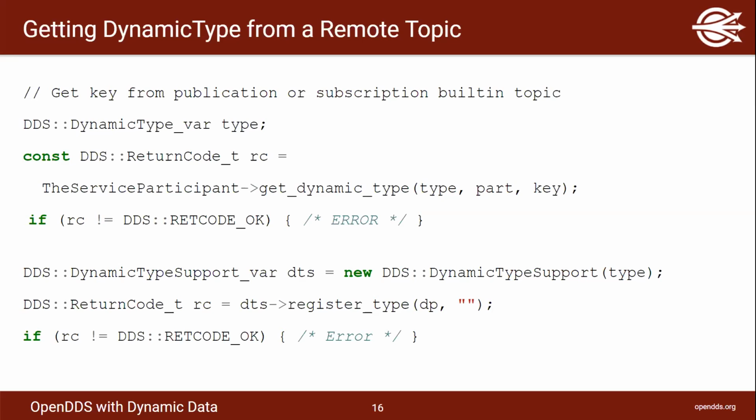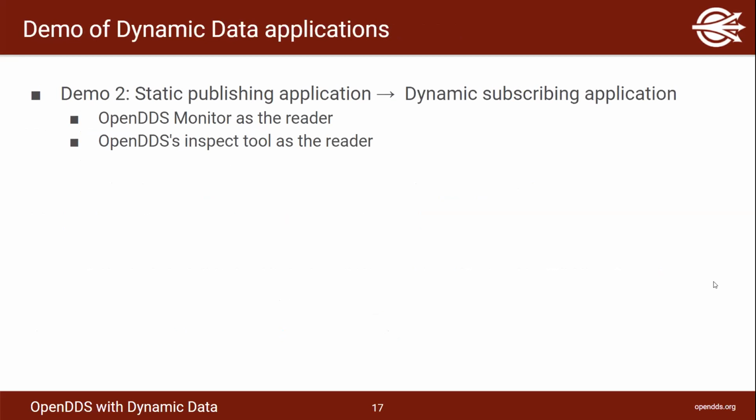And if it returns all okay, the type will be initiated, and then you can pass it to the dynamic type support as before, and then you can continue as before with creating dynamic data writers and data readers. And then I think that's all I have, and from here I think I can hand it over to Son.